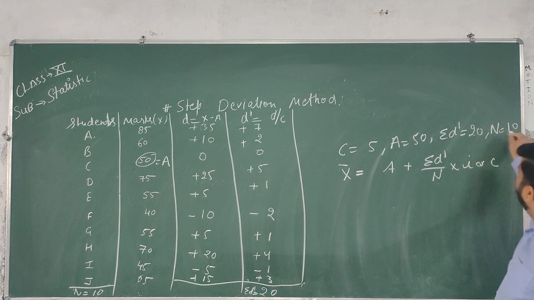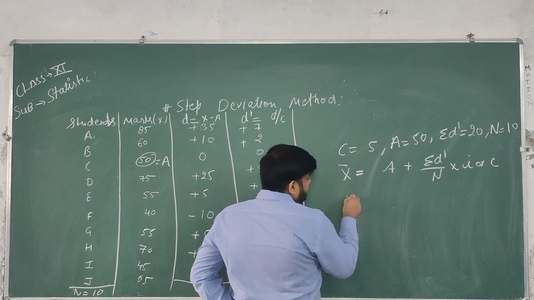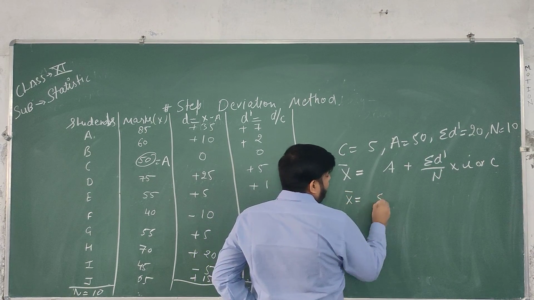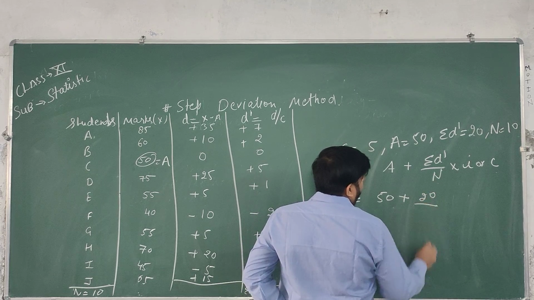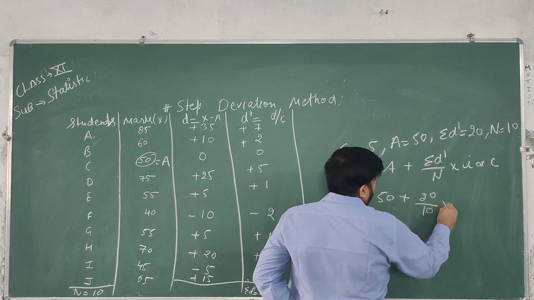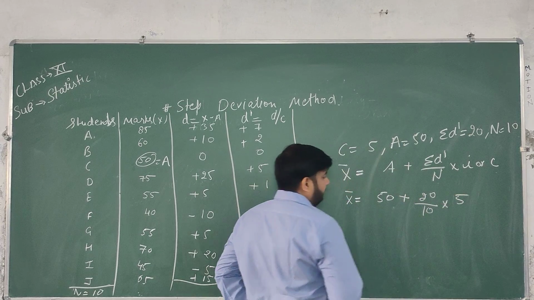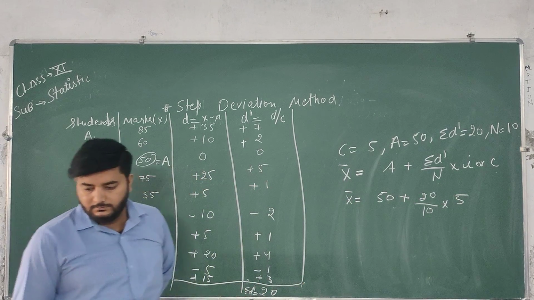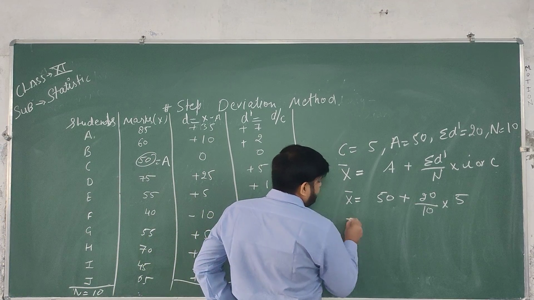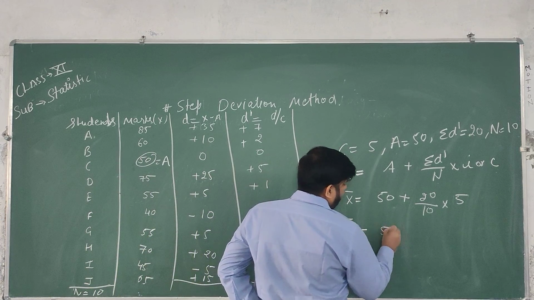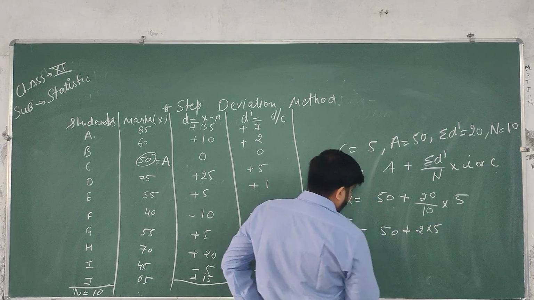So with the help of this we calculate the mean in the step-deviation method. X mean is equal to the A value 50 plus sigma D dash value 20 upon N value 10, multiplied by C value 5. So X mean is equal to 50 plus 2 multiplied by 5.